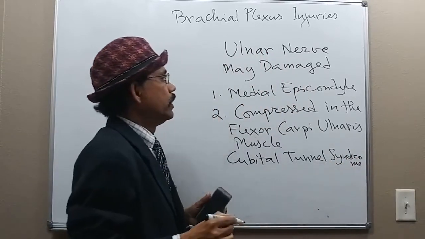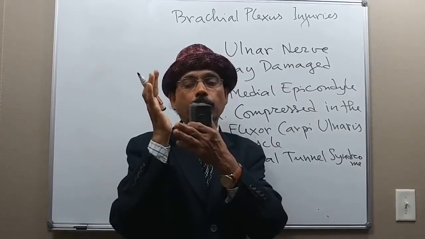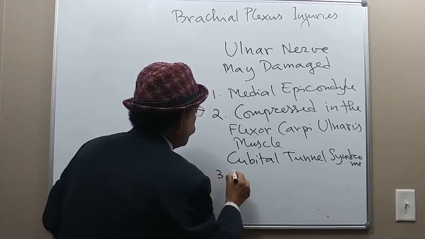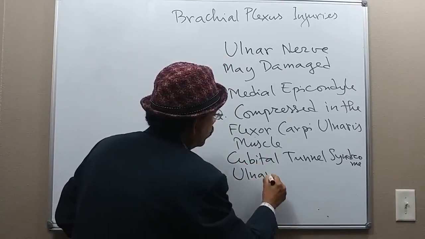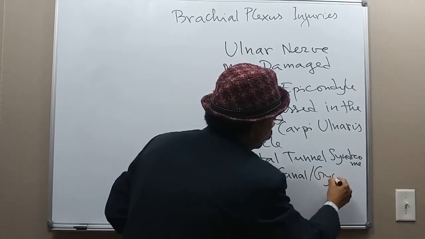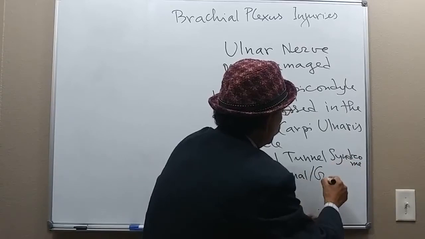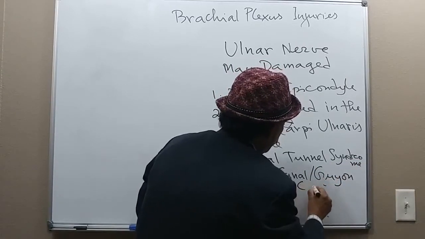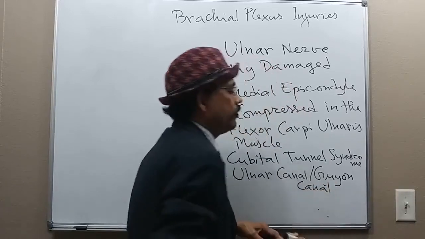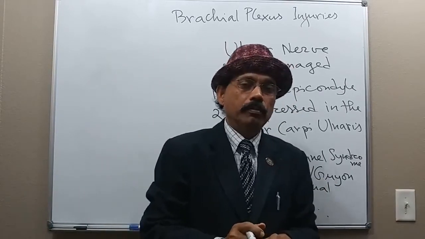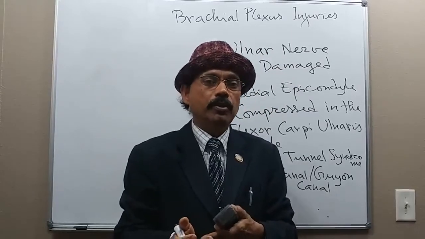Okay. Ulnar nerve may be compromised in the Guyon's canal or ulnar canal. Ulnar canal, same as Guyon canal. Okay. This is a canal between the hamate bone and pisiform bone.